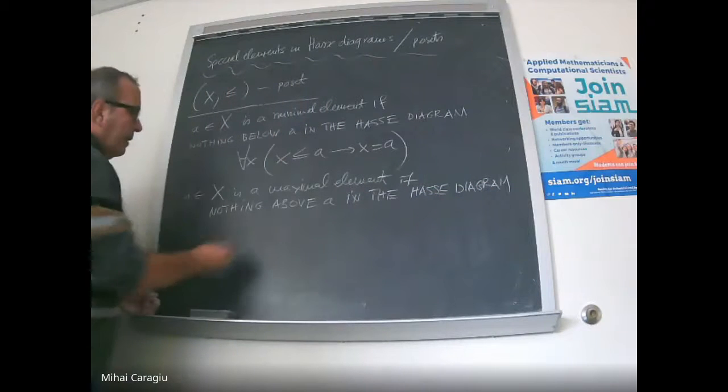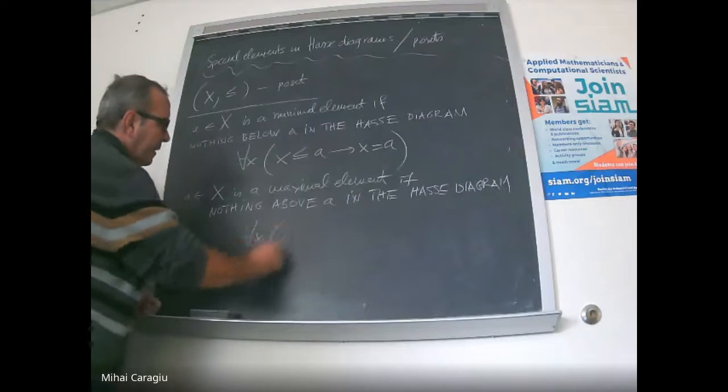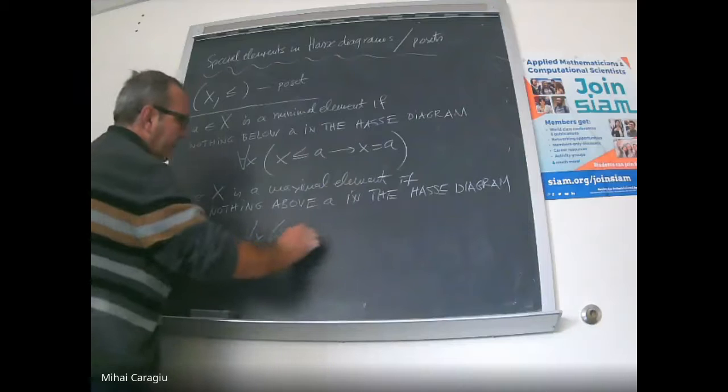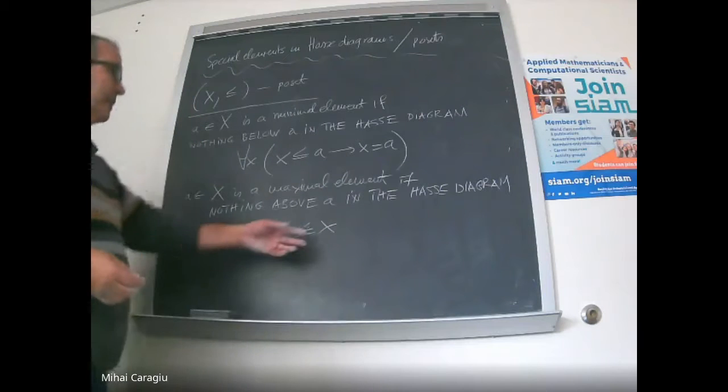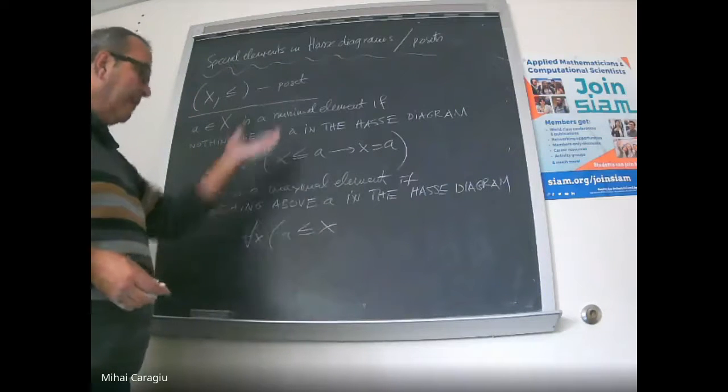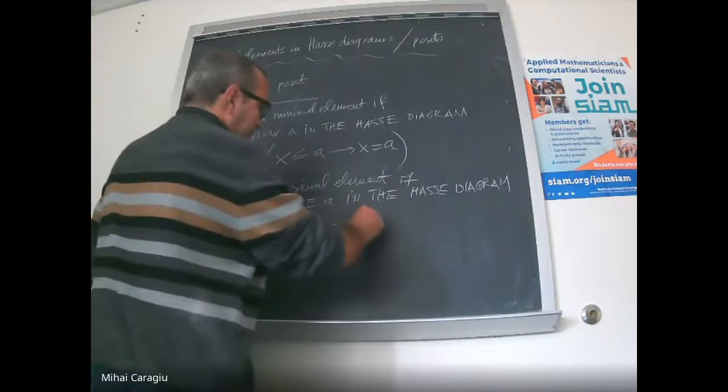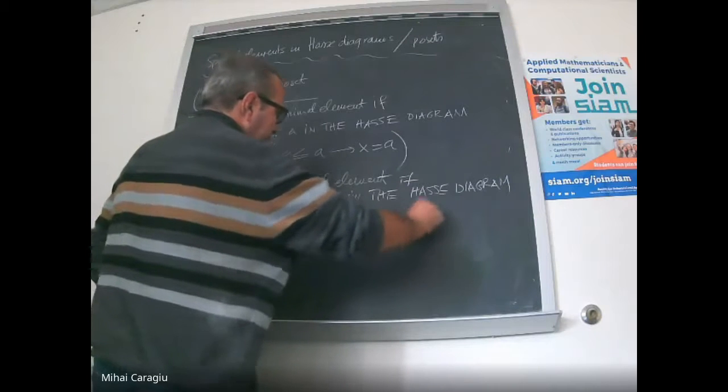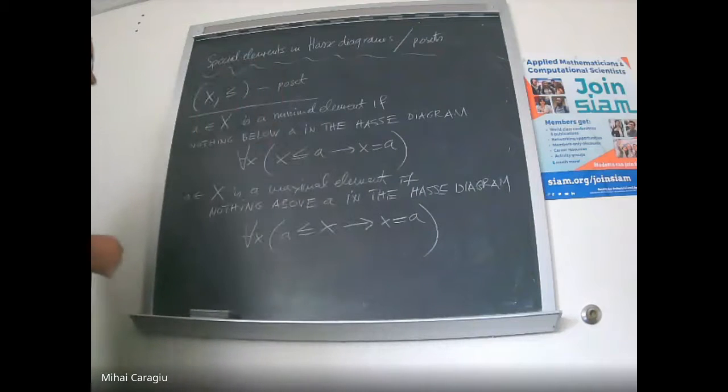We're using a formula: for every x, if A is less than or equal to x, so if x is hypothetically A or above A, then the only possibility is x being A. So that means A is a maximal element, nothing above.